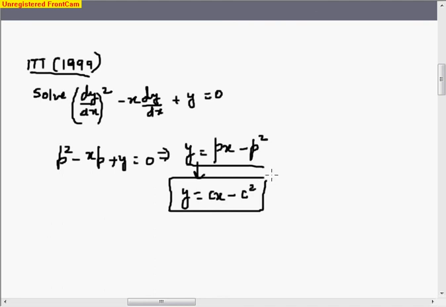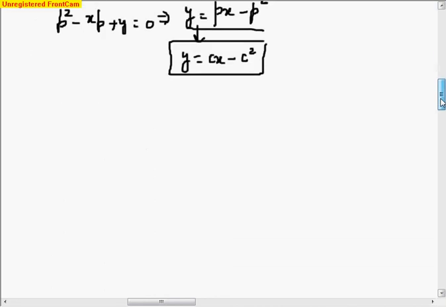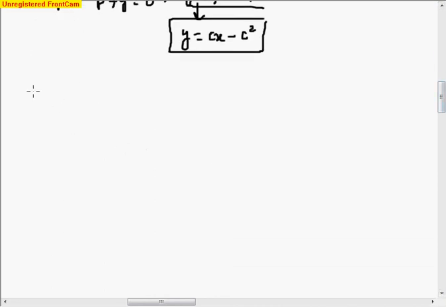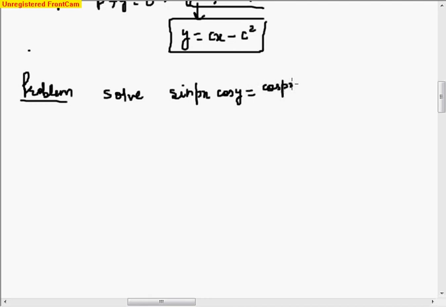Or you can try some more problems. For example, solve sin px cos y is equal to cos px sin y plus p. Can you see how you can solve this?